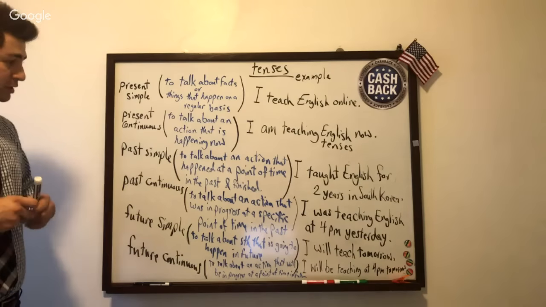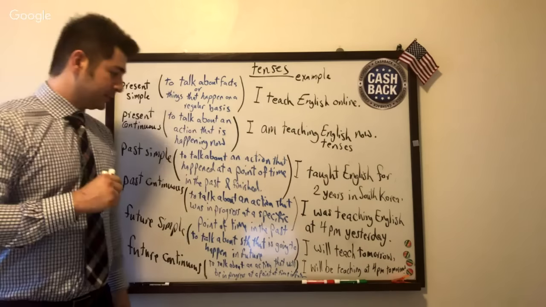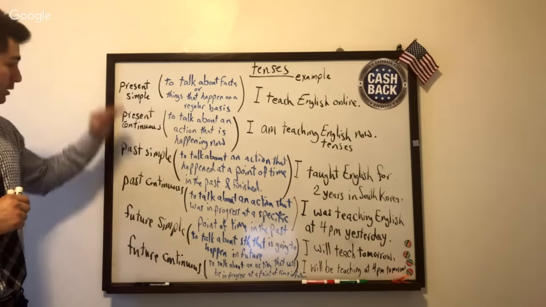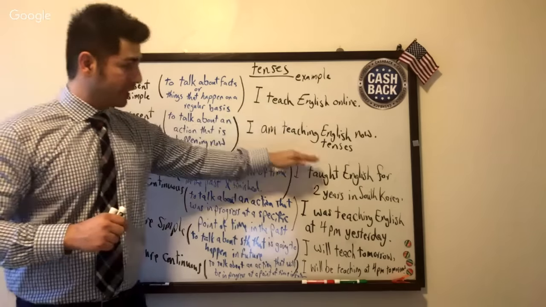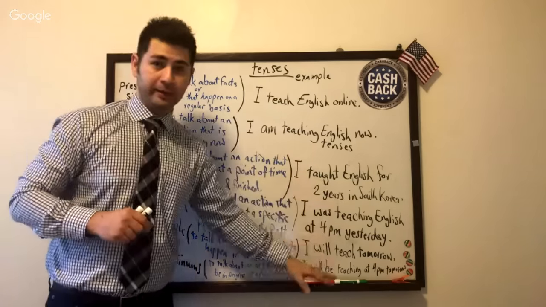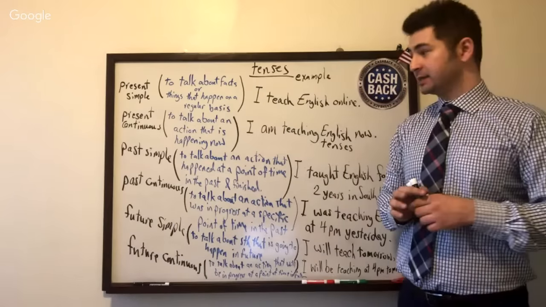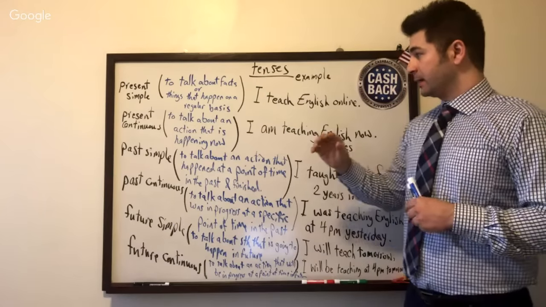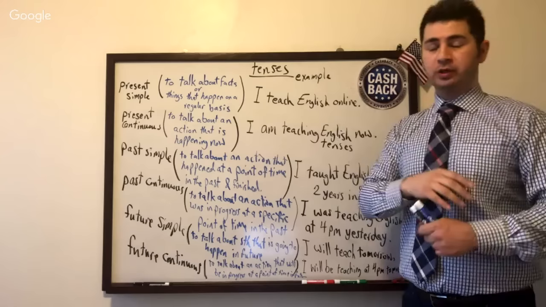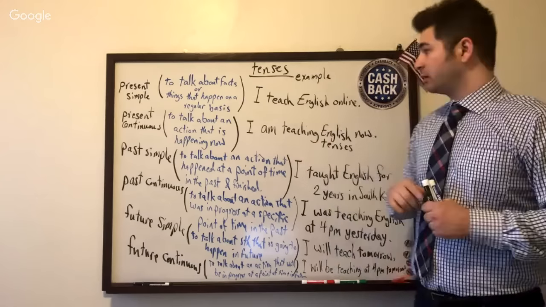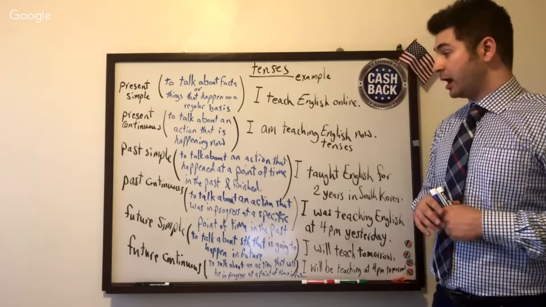Okay, so we got the most important tenses on the board. I think comparing these sentences to one another helps you realize the differences in terms of where we use to be, where we use the ing form, where we use the verb.